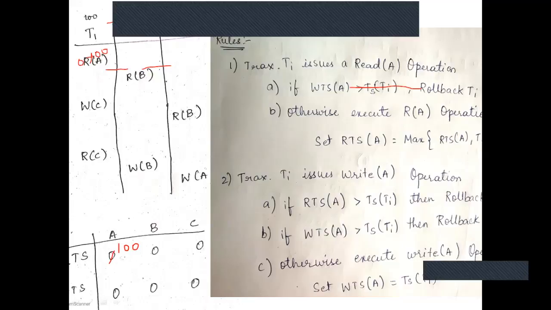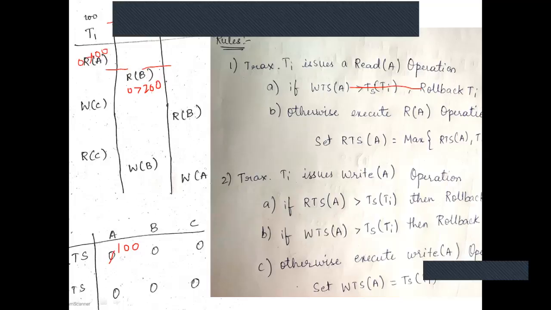Okay. Now next, after this, we are reading the value R of B. Now again we'll check the condition. Is WTS of B greater than TS of T2? That is nothing but is 0 greater than 200?